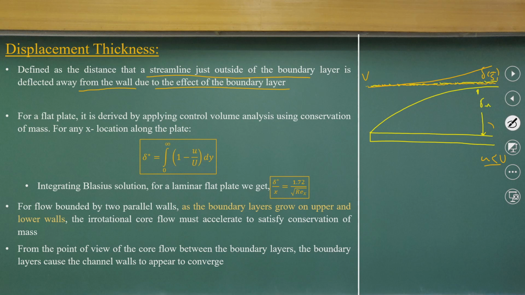So basically this is the mass conservation concept. The mass deficit due to the deflection of these streamlines is delta star, the displacement thickness, into U, and that equals the integral from 0 to y, or we can put infinity, of the mass deficit, (U minus u) dy. Some books put infinity since we do not know where the boundary layer ends; that is the reason we put 0 to infinity.